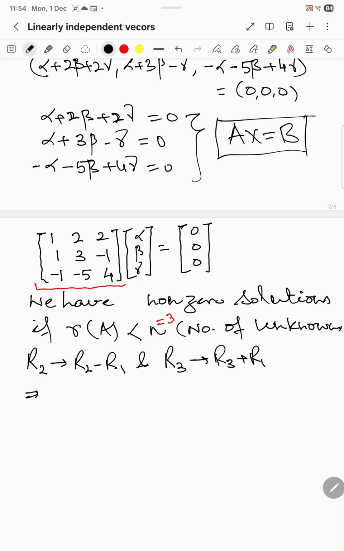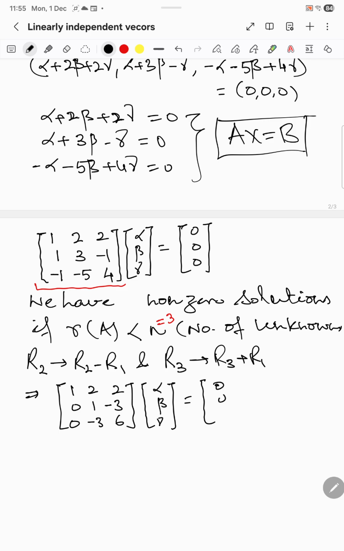So this will give us, since we are not applying any operation on R1, there is no change in R1, while R2 will become 0, 1, minus 3, 0, minus 3, 6, and here we are having alpha, beta, gamma equals 0, 0, 0.